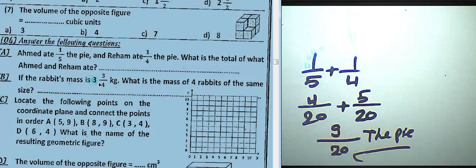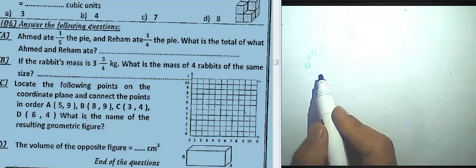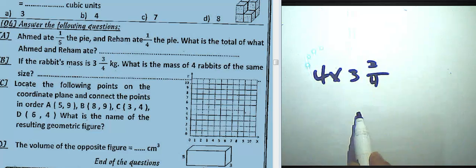If a rabbit's mass is 3 and 3 over 4 kilograms, what is the mass of 4 rabbits of the same size? We can find the result by multiplication: 3 and 3 over 4 times 4 rabbits. Multiplication, 4 times 3 and 3 over 4.